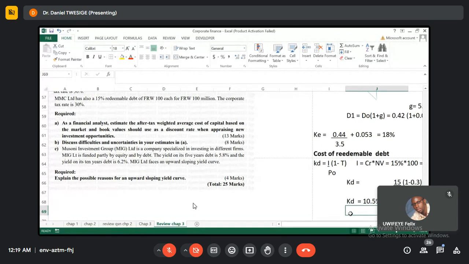Although it's saying it's redeemable, it's not going to be redeemed. So I think the book values are the ones you have in your statement, and the market values are the new ones. I think now you can compute everything.